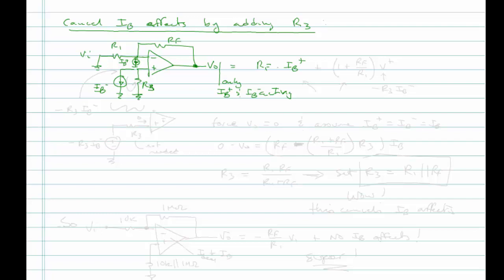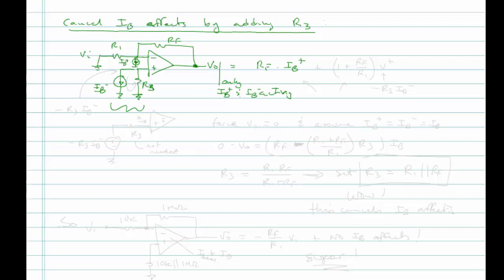That's from last time. What we haven't considered is the effect of IB minus. So when we turn off IB plus and we turn on just IB minus, then we have a non-inverting amplifier. Let's redraw this. If you think of this current source in parallel with this R3, all of IB minus goes through R3 because none goes into the non-inverting input.